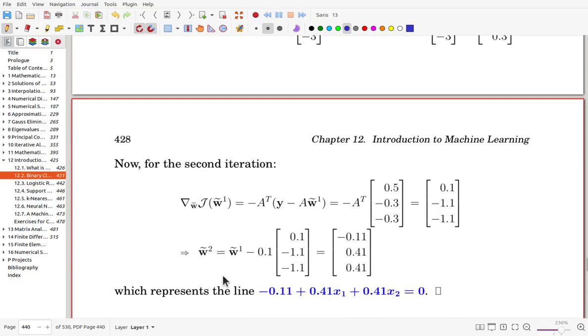Now, W2 is updated from W1 by adding eta times the negative gradient. Okay, so we will show this final result after 2 iterations. This is representing W0, or b, and W1 X1 plus W2 X2 equals 0.